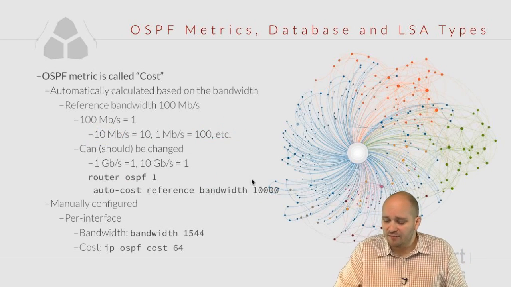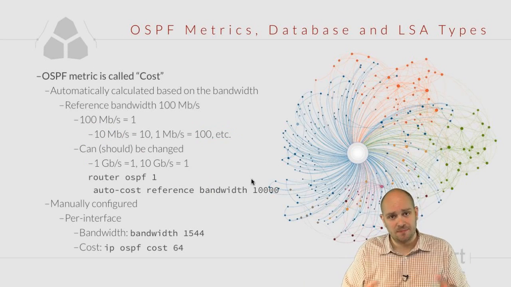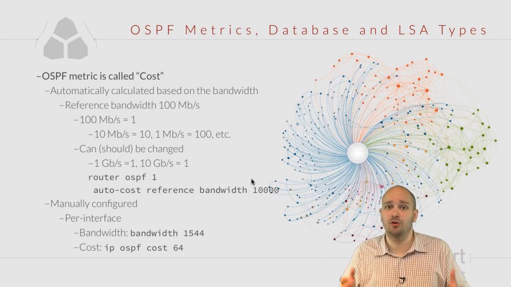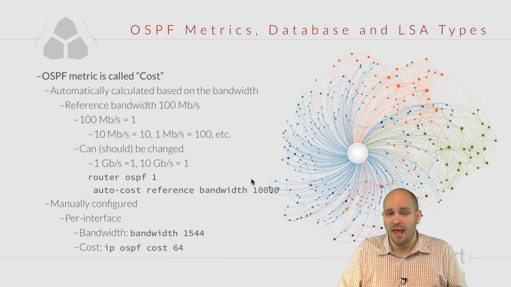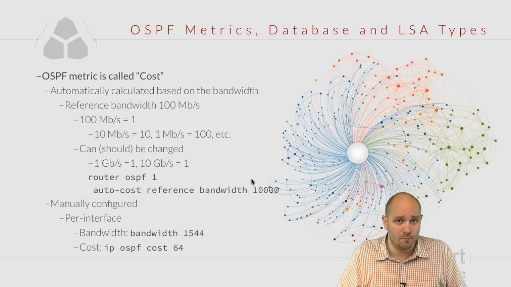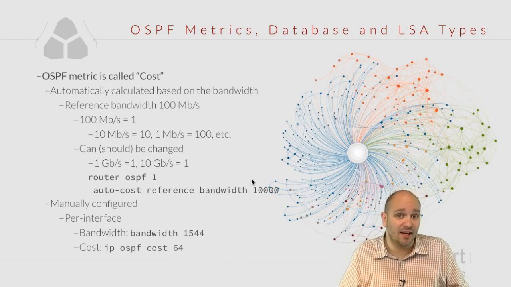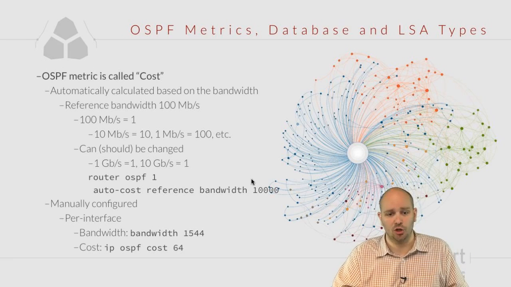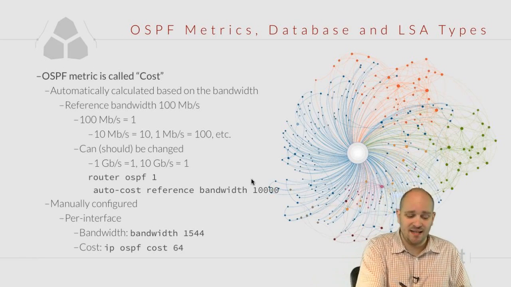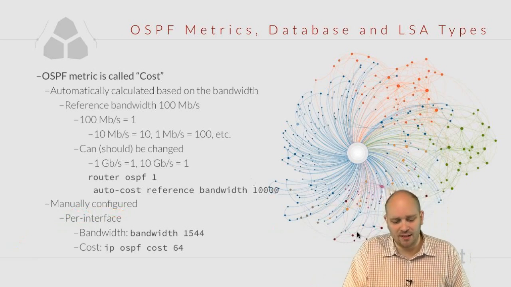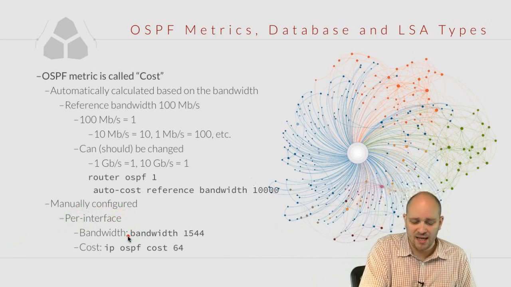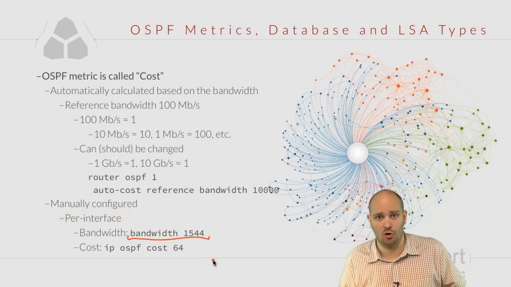This is if we leave the cost calculations to OSPF and to the routers to determine themselves. However, the cost for individual interfaces in IOS can also be configured. This can be done using two methods, an indirect way and a direct manipulation of the cost. In both cases, this has to be done on a per-interface basis. The indirect way of influencing the OSPF cost is setting the logical bandwidth on the interface.